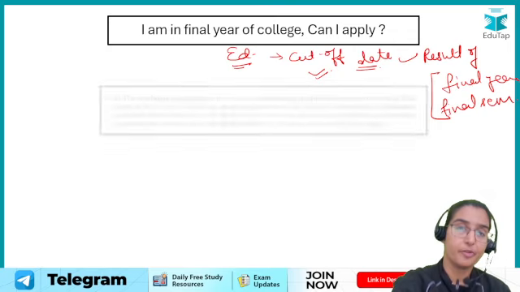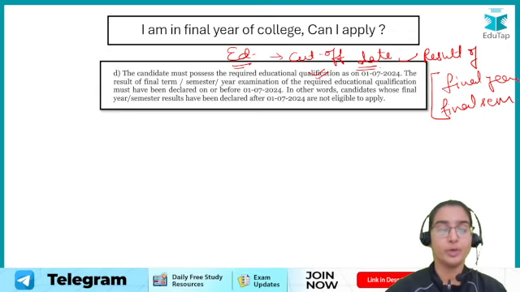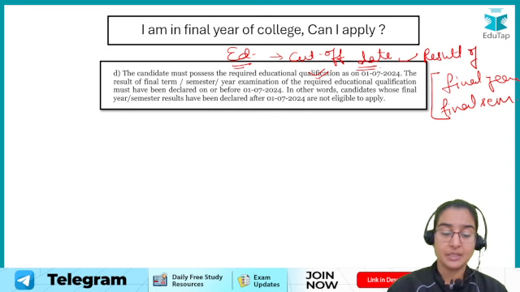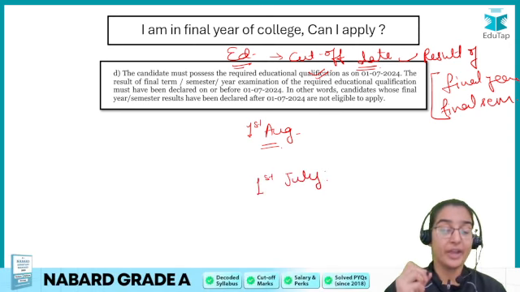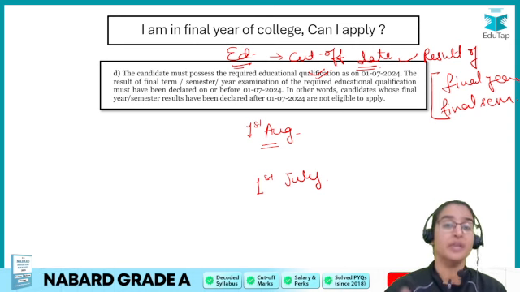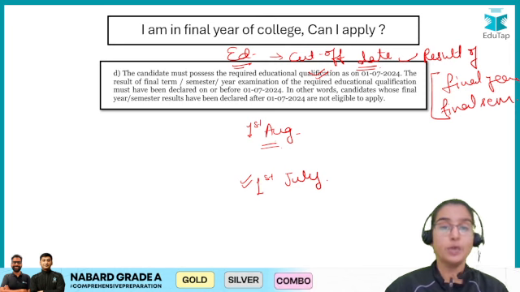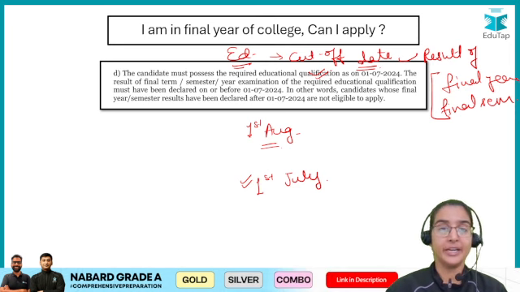So for example, again I'm using the snippet from the 2024 notification. In this case, the notification was released on 1st of August, and the cutoff date is 1st of July. Now if the result of your final year or the final semester would have been declared before this particular date, then you are eligible to apply for the NABARD grade examination.